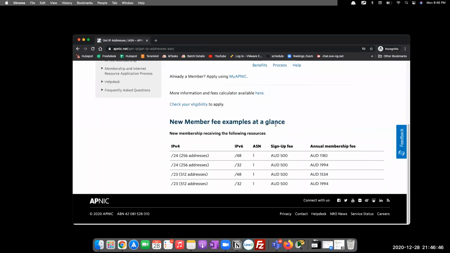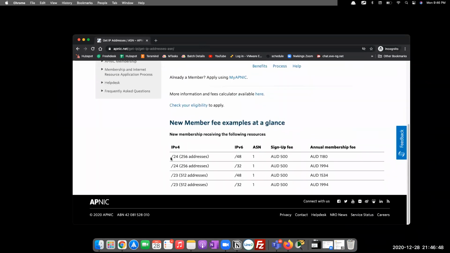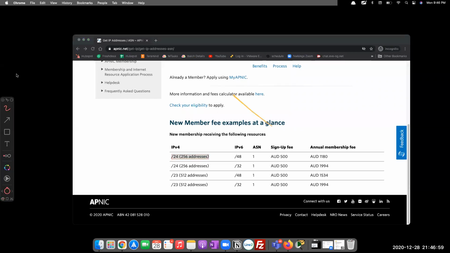It will show you that you can buy a minimum of 256 addresses from APNIC. You can't go less than that. If you want 50 IPs, you still contact your ISP. If you need more than 256 addresses, you can buy directly from APNIC, the Asia Pacific Network Information Center.